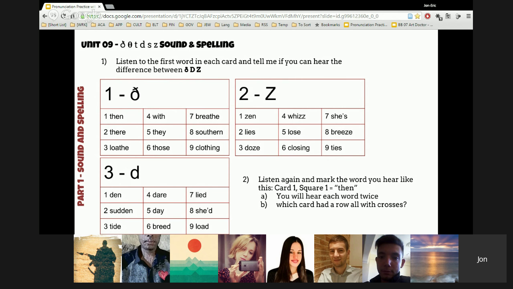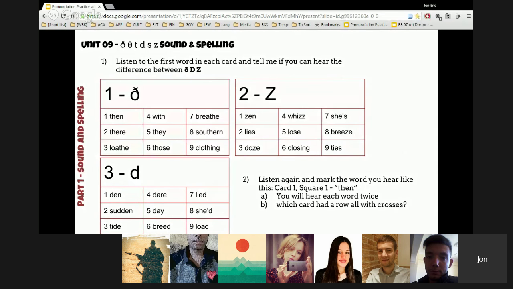So, what you had to do, as I read out these words, you should be writing down two numbers like this. If I said then, you would write down 1 1 like this. I understand your question, but my question is, which one of these cards has marks all the way across one of the rows?